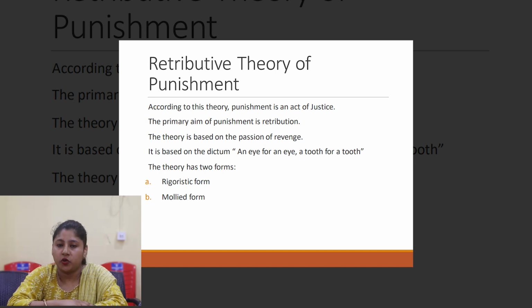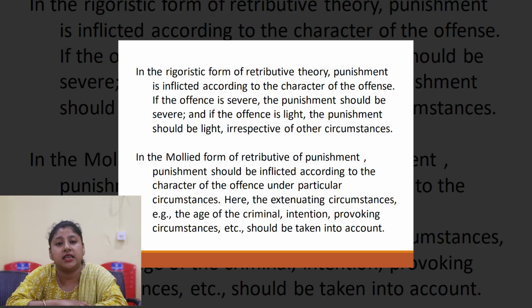We have seen that there are two types of retributive theory. Number one is the rigoristic form, and number two is the mollified form. Though retributive theory is very harsh in character, in its rigoristic form it is very harsh, it is rigid, it accepts capital punishment, and it depends on the passion of revenge. But in the mollified form of retributive theory, it's a little bit flexible.